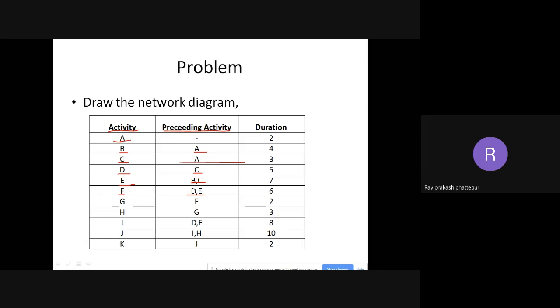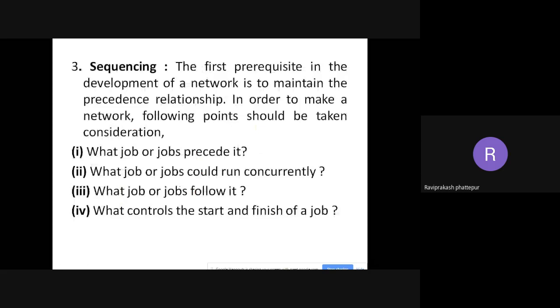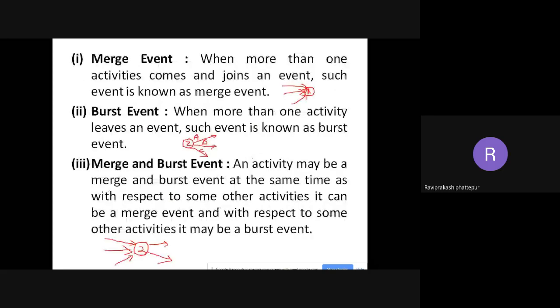Like the previous one, if I go back, you can see here 3 are going in, 3 are coming out. 3 are going in at the end, merge and burst event. You can see 3 are going in, 2 are coming out.